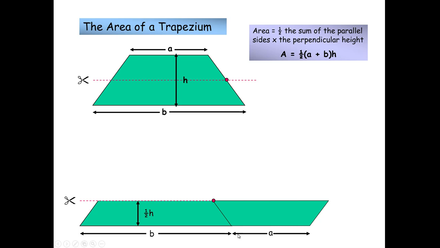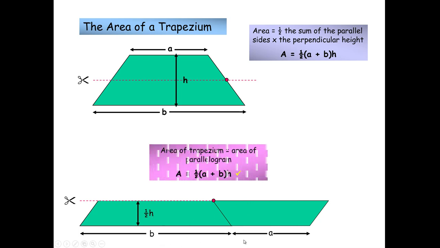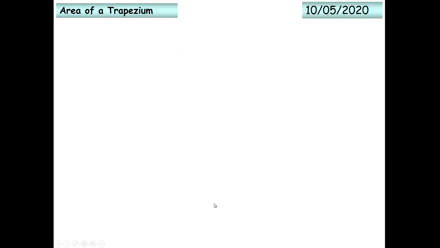The base is B plus A, or A plus B, times half of H. Area equals half of A plus B times H. So that's where the area of a trapezium comes from.